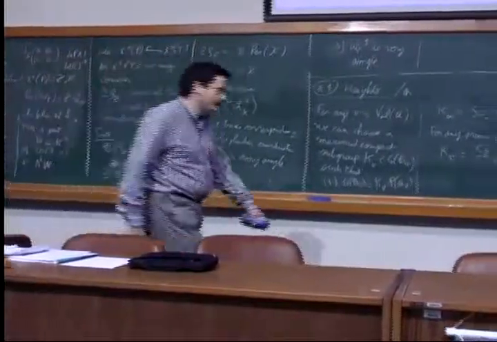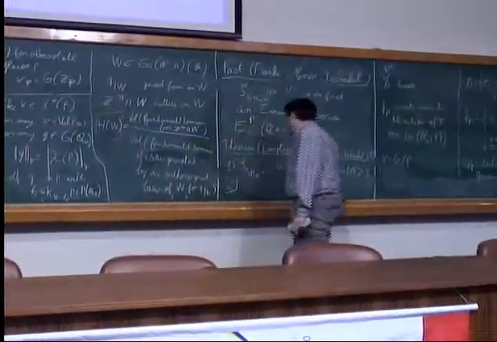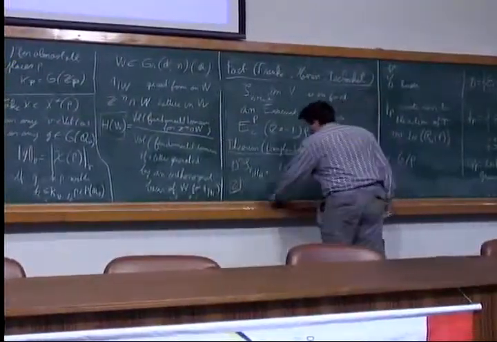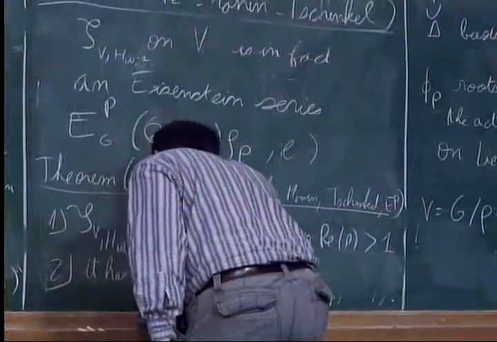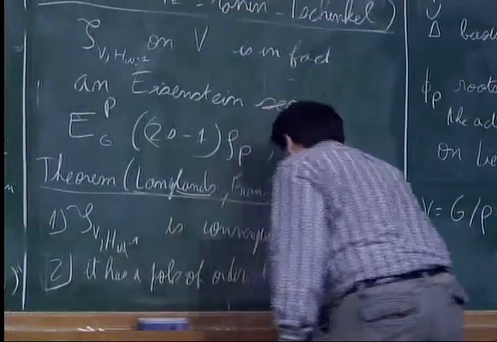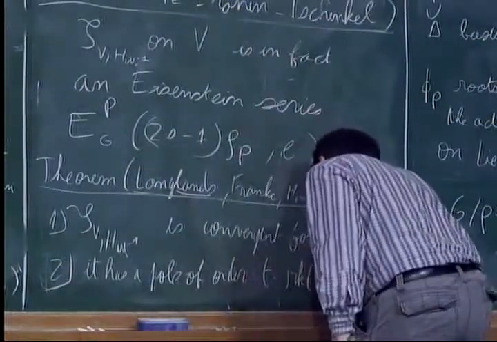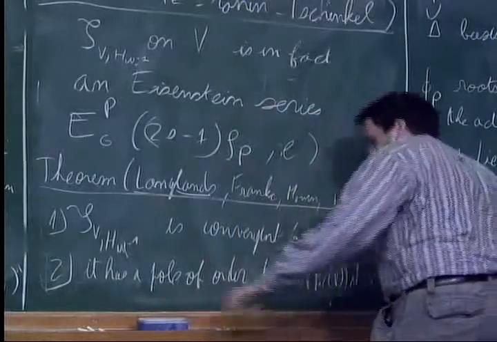The power is exactly the one expected. Namely, it has a pole of order t equal to the rank of the Picard group at s equal to 1.